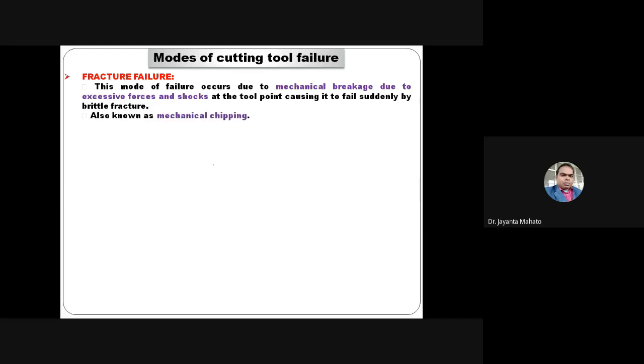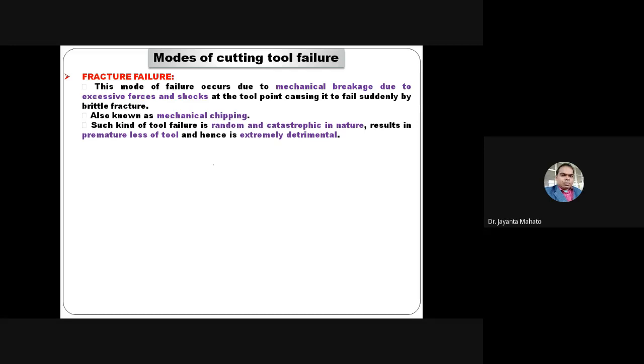This is also known as mechanical chipping. Such kind of tool failure is random, and it is catastrophic in nature. Catastrophic means this failure happens suddenly.